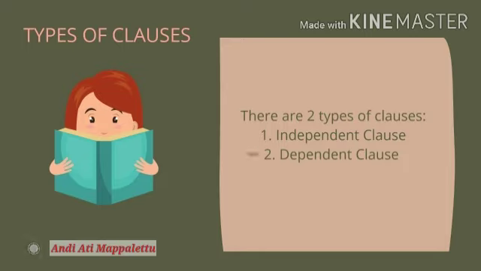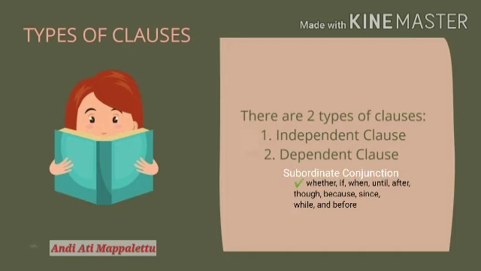A dependent clause is also called a subordinate clause because it uses subordinate conjunctions such as whether, if, when, until, after, though, because, since, while, and before. But the adjective clause uses relative pronouns such as that, which, who, whom, and whose.